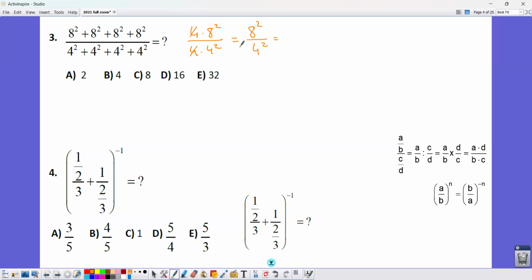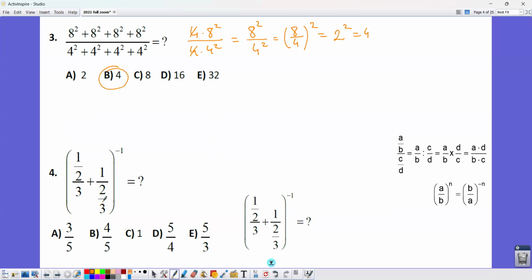If you remember the properties of exponents, because we have the same power, I can take them in the parentheses as 8 over 4 to the power of 2. So 8 over 4 is 2. 2 squared is 4. So as you see, like this, you have simpler operations.